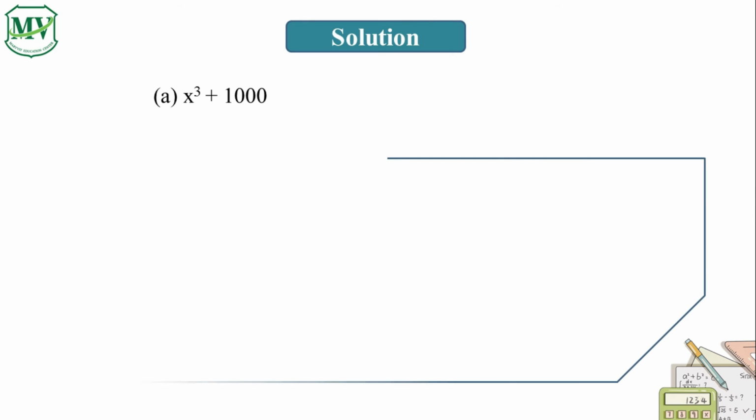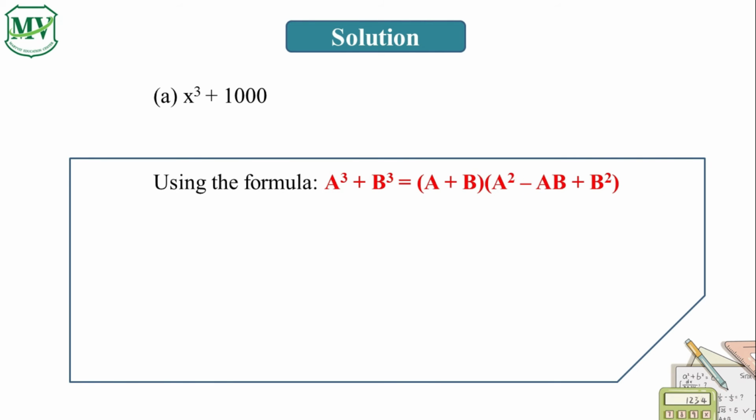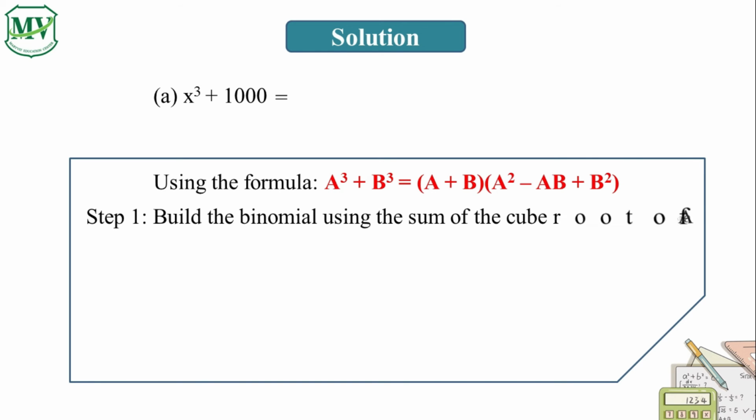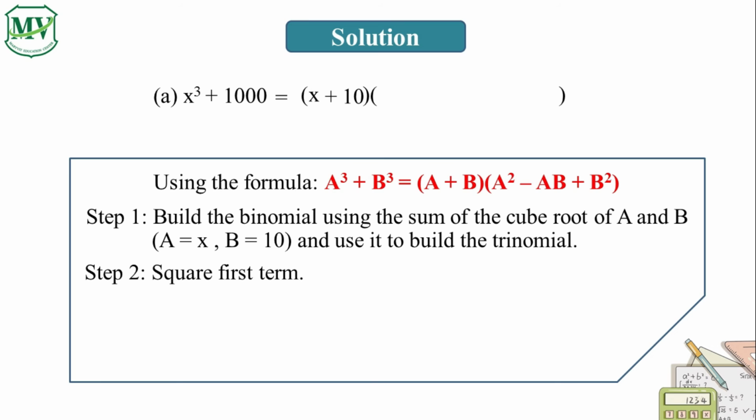Here is our solution for letter A. In this case, we use the formula. Now, the first step is to build the binomial using the sum of the cube root of A and B. We know that the cube root of A is equal to x, while B is equal to 10. Then use it to build the trinomial. Inside the quantity where you write the trinomial, square the first term.